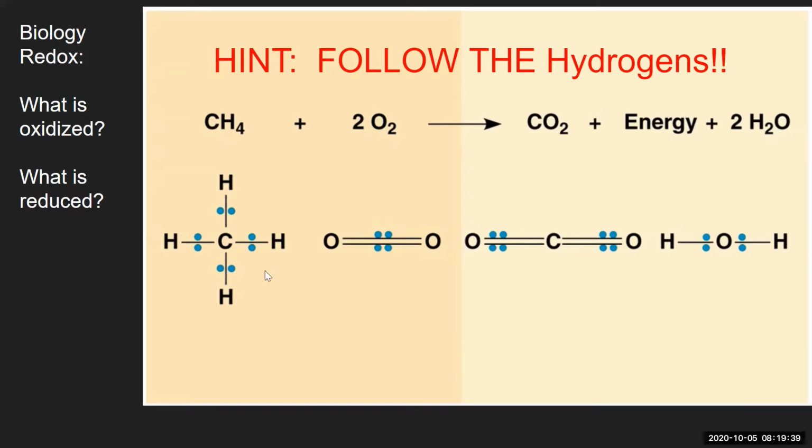So if we're talking about this reaction, we're going to say that methane is oxidized and oxygen is reduced. So we just track the hydrogens, and we pretty much just track the hydrogens on the reactant side. This had hydrogens, this didn't, so this was oxidized, this is reduced.